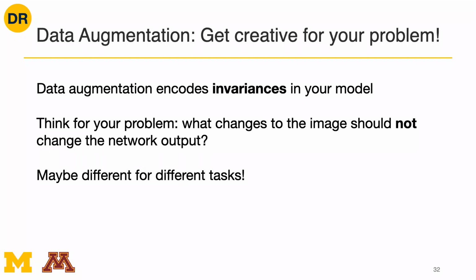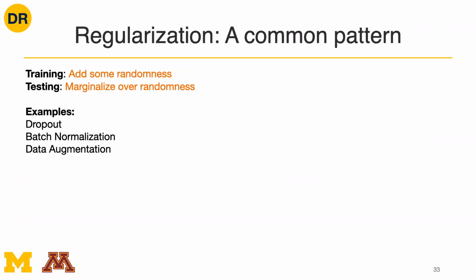Again, data augmentation is also one way to do regularization. So we talked about dropout and then data augmentation. Now let's look at some examples of regularization. Like I said, the principle here is you add some randomness to your training, but then during the testing or the validation, you marginalize that randomness with some techniques.